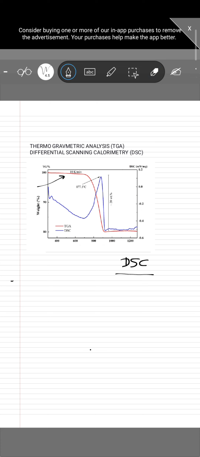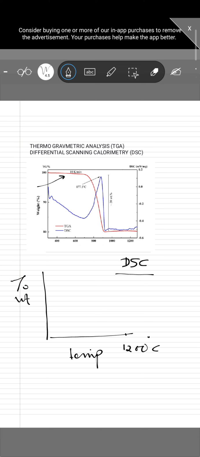So you have weight percentage on the y-axis and temperature on the x-axis, which has gone up to 1200 degree centigrade, and the weight percent, as you can see, has reduced from 100 weight percent to a certain number, and it has been found that the reduction in weight percent is about 20%.